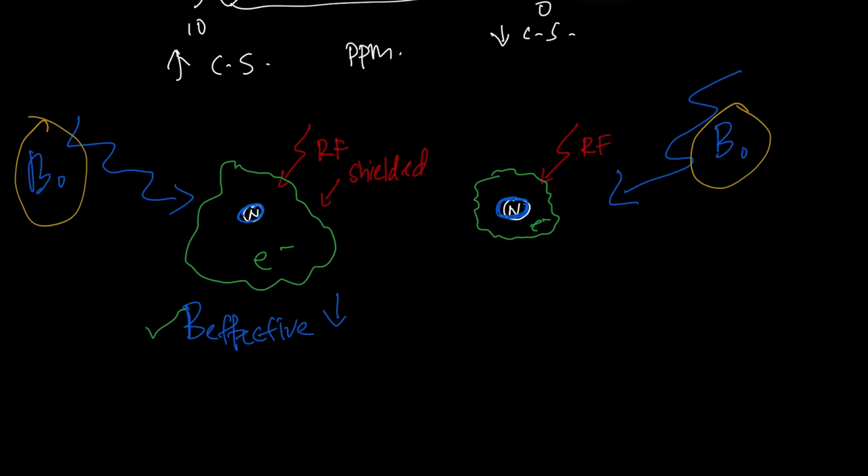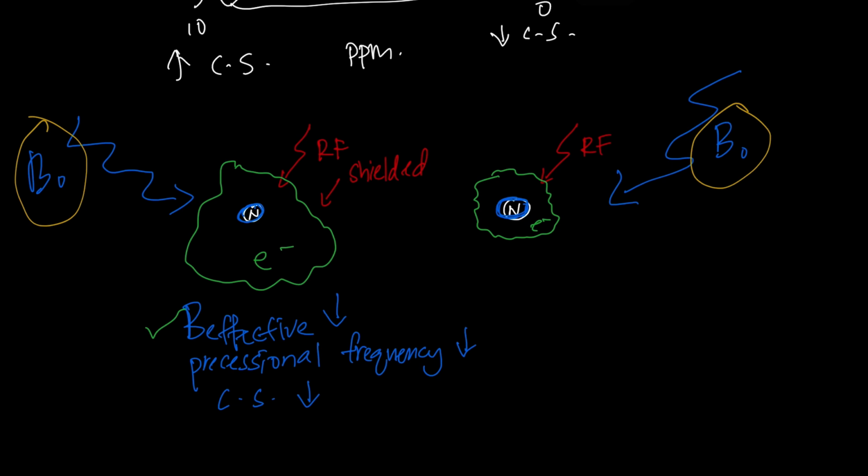When the effective magnetic field is lower, the precessional frequency also becomes lower, and the chemical shift value of the proton also becomes lower.